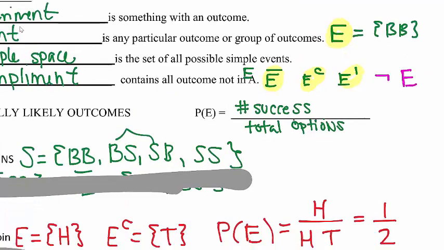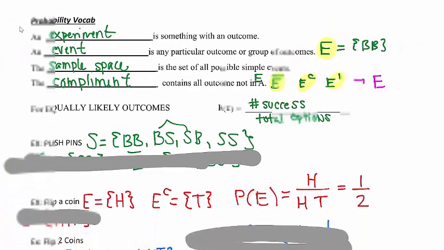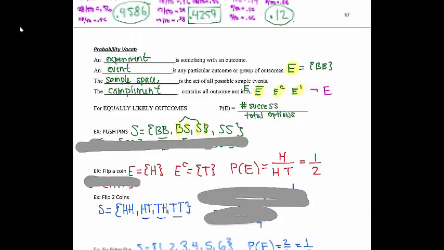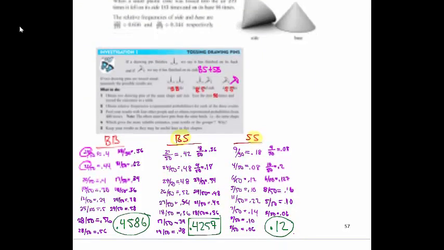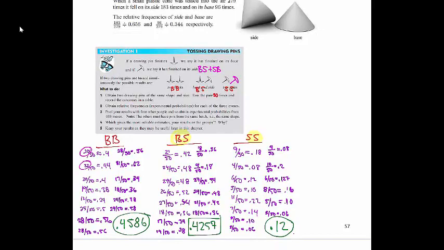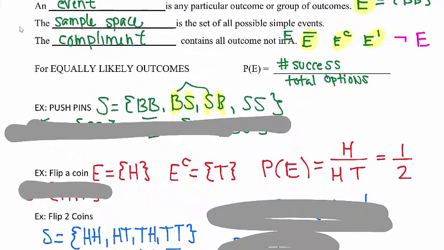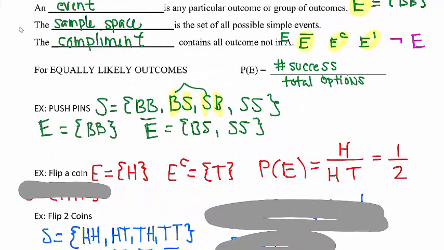So here are some examples of sample spaces. A sample space for the thumbtacks would have been back, back; the first one back and the second one side; the first one side and the second one back; or side, side. We do keep those separate theoretically, even though in the real world I said to call it the same thing. That is a sample space.